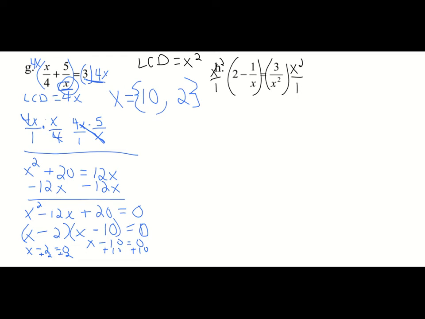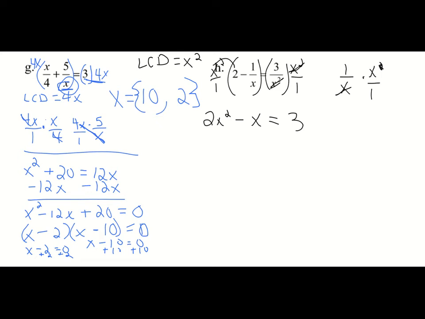So when I distribute here, 2 times x squared is 2x squared. And then if I do 1 over x times x squared over 1, remember, one of those x's cancel out on the top, so I have minus x is equal to, and then on the right-hand side, those x squareds cancel out and it equals 3.